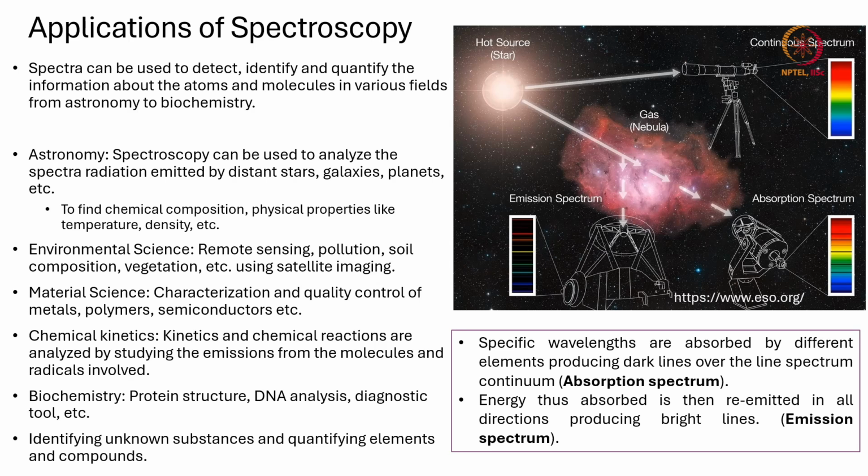In material science, characterization and quality control of metals, polymers, etc. can be done using spectroscopy. Chemical kinetics is one of the important areas where spectroscopy gives us insights into kinetics and chemical reactions and the presence of intermediate radicals and unstable species, which emit radiation during the reaction.